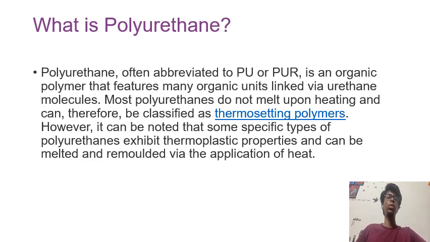Most polyurethanes do not melt upon heating and can therefore be classified as thermosetting polymers like bakelite, etc. However, it can be noted that some specific types of polyurethanes exhibit thermoplastic properties and can be melted and remolded via the application of heat.